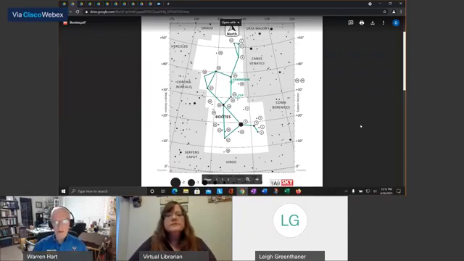You can see up in the upper right-hand corner the title Ursa Major, Big Bear, and you see three circled big dots. Those are the end stars of what we would call the handle of the Big Bear, actually the Big Dipper.